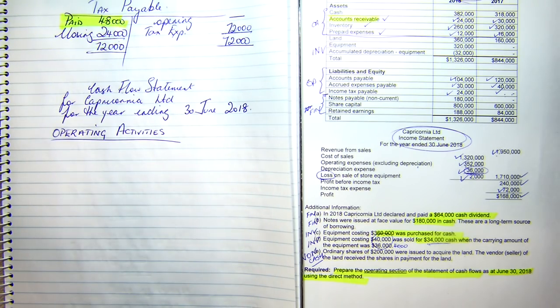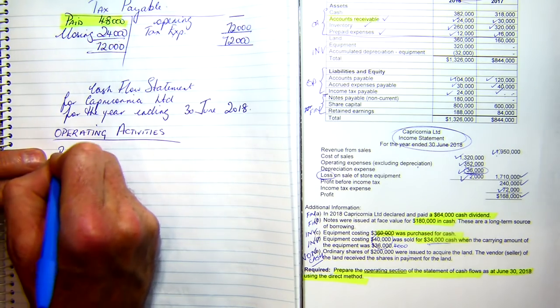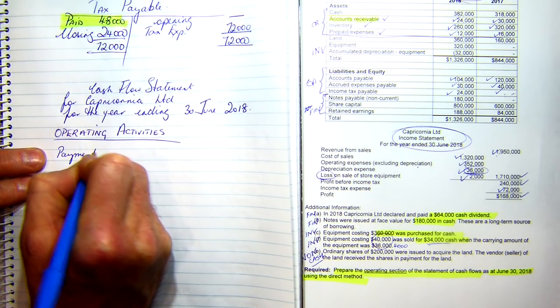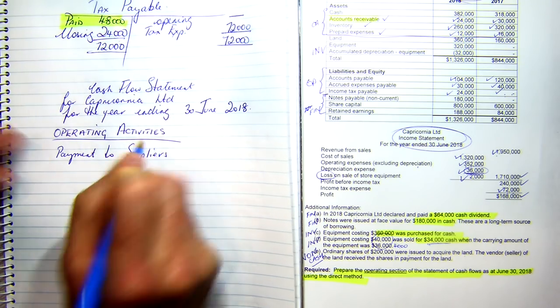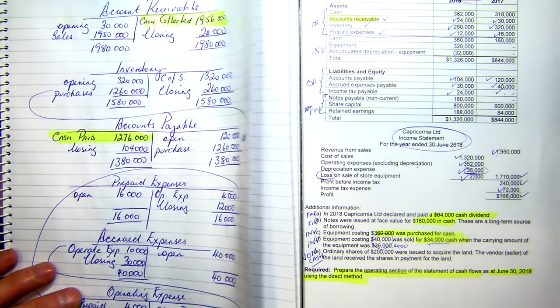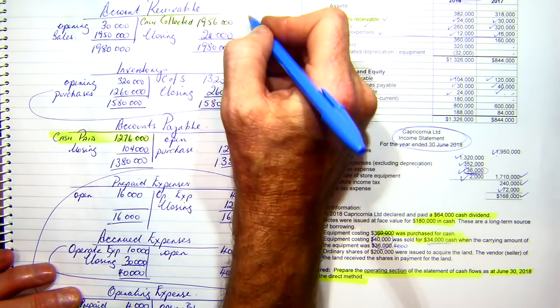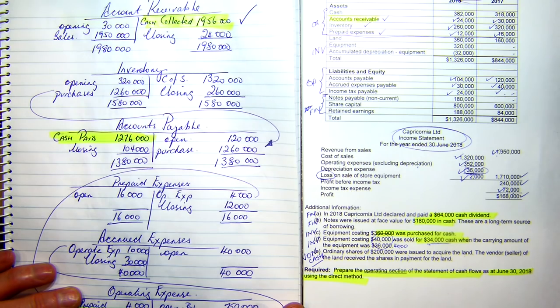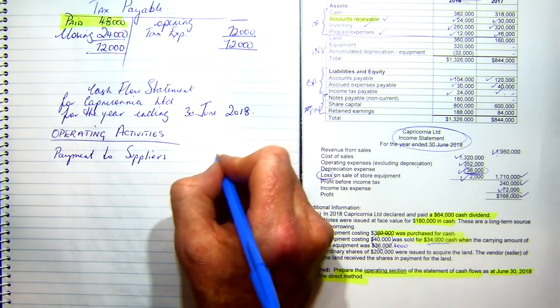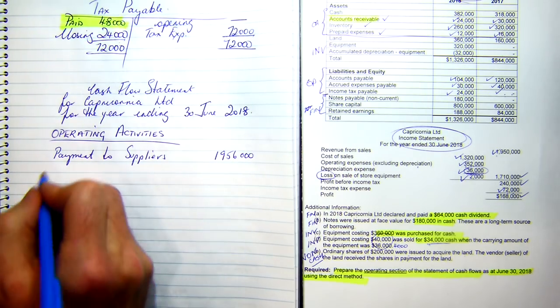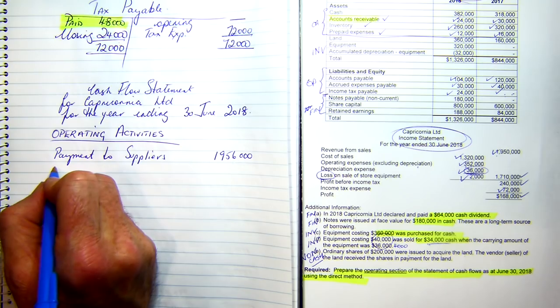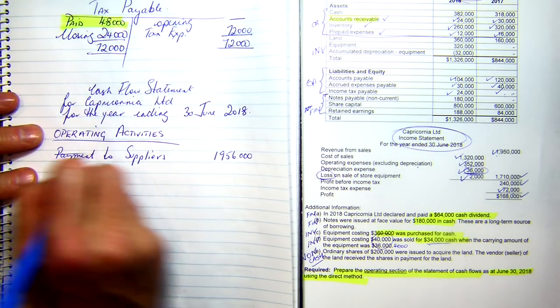My operating activities. Okay, so let's go. First thing will be my payments to my suppliers. We had cash collected of $1,956,000. No, that's not payments to my suppliers.